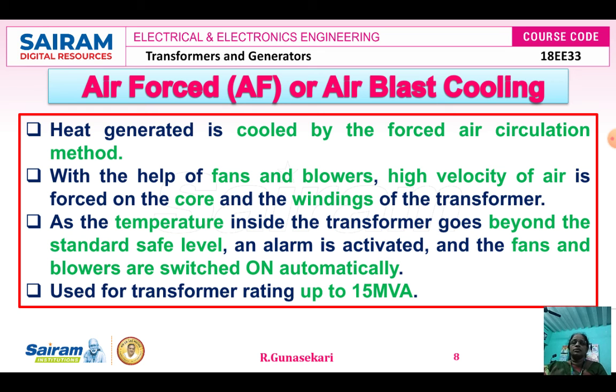Due to various losses, the heat generated in the winding, core and tank of the transformer increases, but every parameter has a safe limit as per the ISS standard. Suppose the temperature goes beyond that limit, immediately the alarm is activated, then the fans and blowers are switched on automatically to cool the heated air generated by the losses.